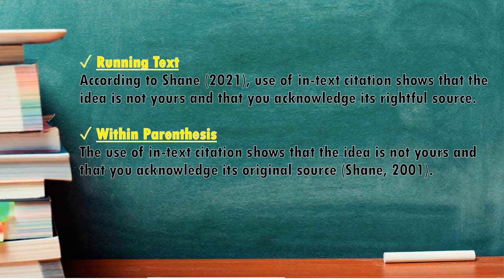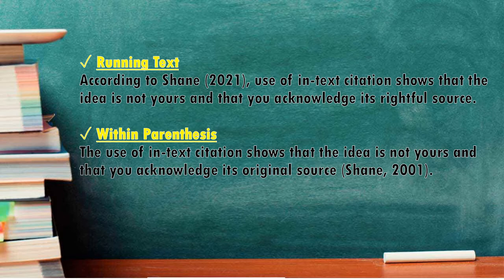So we have here an example of running text and within parentheses, which are parts of the literature review. So for example, for running text, we have "according to Shane 2021." So use of in-text citation shows that the idea is not yours and that you acknowledge its rightful sources by using the "according to Shane, year 2021."